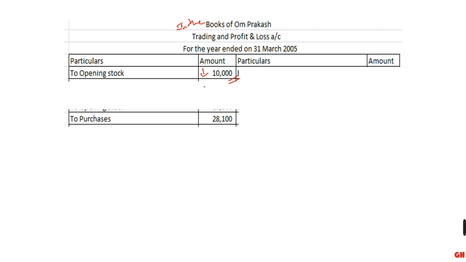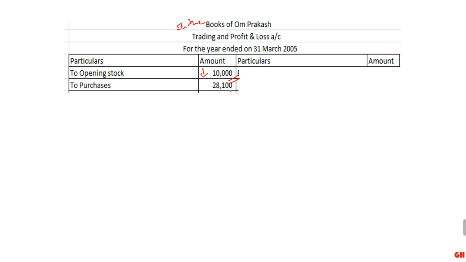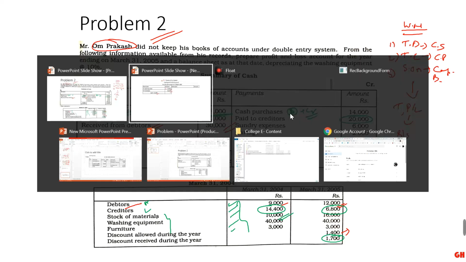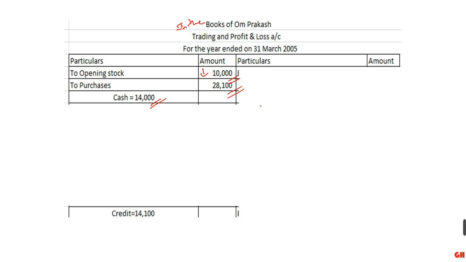Then after opening stock, to purchases 28,800. Cash purchases is 14,000, which is already given in the cash account, plus credit purchases we have already calculated. So credit is 14,400.